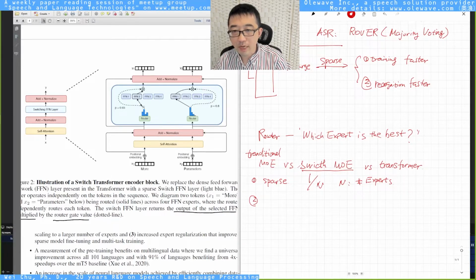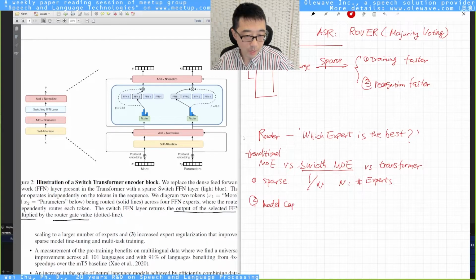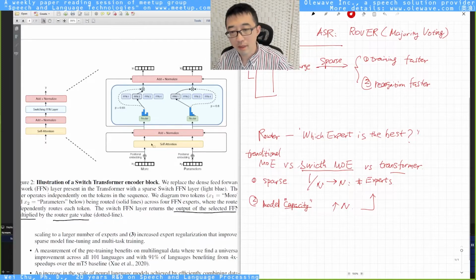So the model capacity, I like to use the word model capacity, it might be a better word. The bigger the capacity is, the more information or knowledge the model has stored. Model capacity versus the traditional transformer went up by N times, where N is the number of experts.